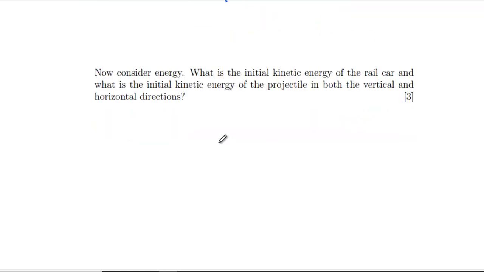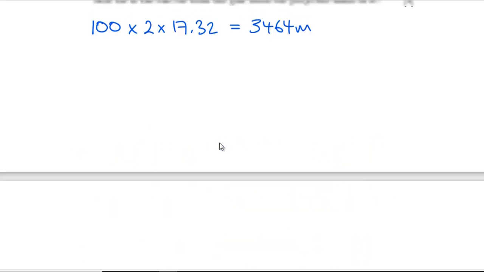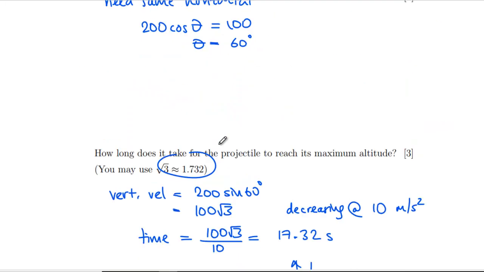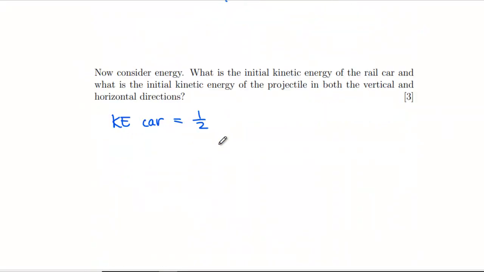Now consider energy. What is the initial kinetic energy of the rail car and the initial kinetic energy of the projectile in both directions? Right, so kinetic energy for the car is a half, how heavy was it? I want to say 200 kilograms. Yep, 200 kilograms, 100 meters per second.